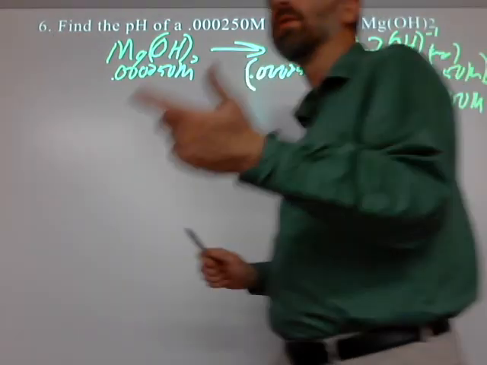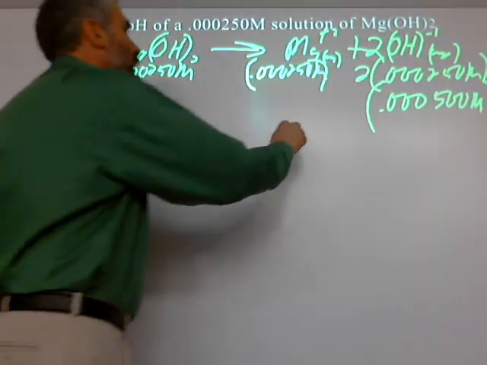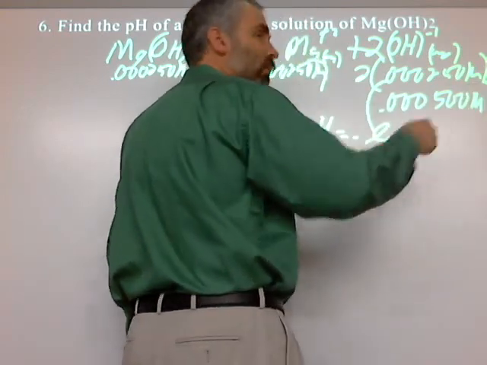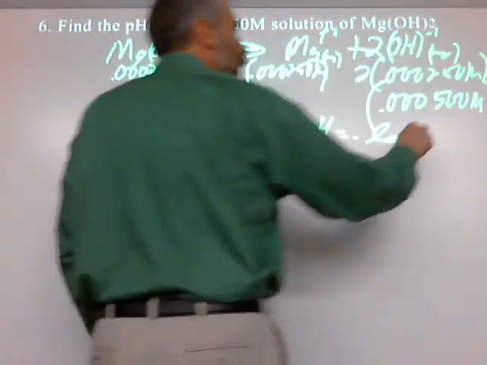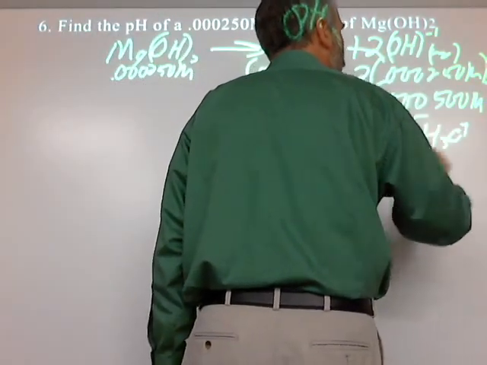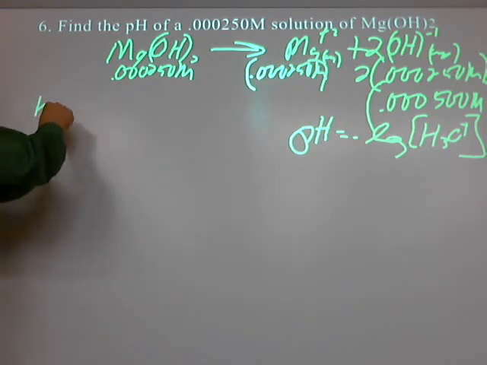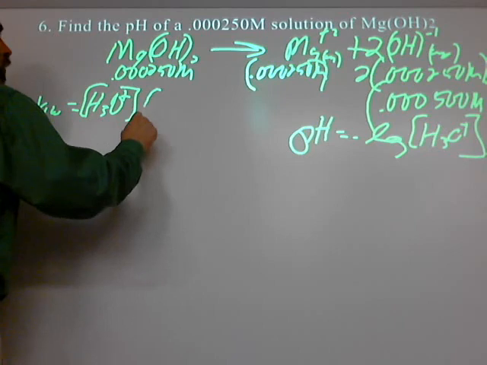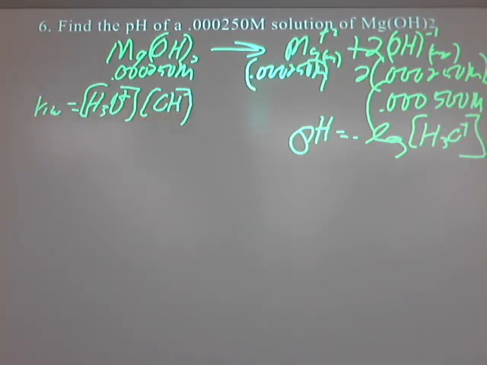That's one thing. The second thing, if you look at your papers, that many people did that, they then went and said, okay, pH equals negative log of that. Well, it's not. It's not negative log of that. It's negative log of the hydronium ion concentration. I don't know the hydronium ion concentration yet. I got to find it. When there's trouble, you call KW. Hydronium times hydroxide equals KW, the ion product constant of water, which we know to be 1 times 10 to the negative 14.